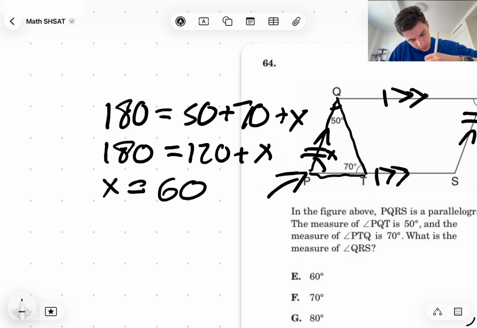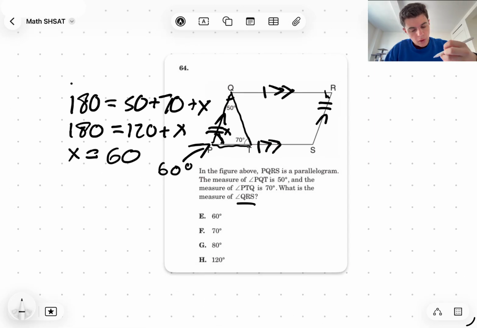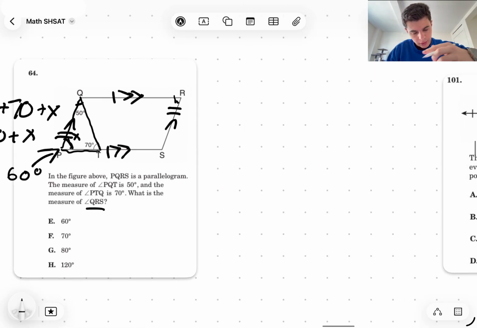So we know that this angle is 60 degrees. Now they're asking us for QRS, that is this angle right here. If we know that this is 60, what can we do to find this? There's a few things we can do here. We know, for example, that opposite angles are equal. And I'm just going to quickly prove this for you guys.